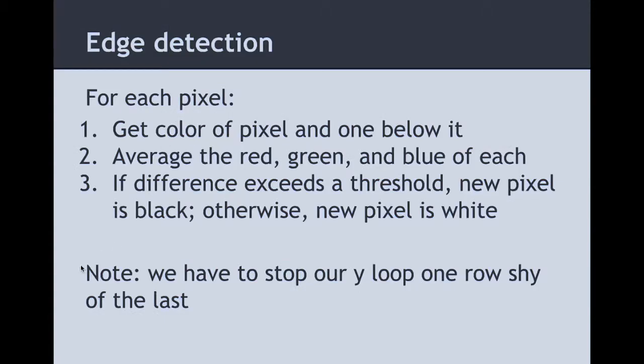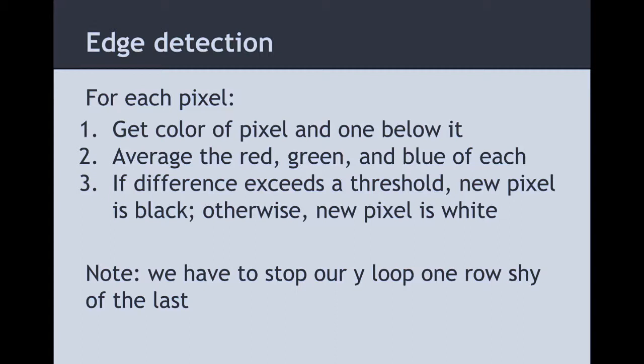For every pixel in the image, we're going to get the color of that pixel and the one directly below it. Then we're somehow going to compute the average color of each of those pixels by looking at the red, green, and blue components of each. And then we'll take a difference between those averages. And if that difference exceeds some threshold, then the pixel in the new image will be black. Otherwise, the pixel in the new image will be white.